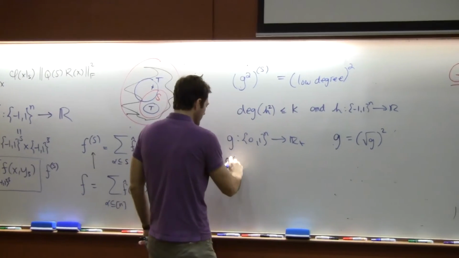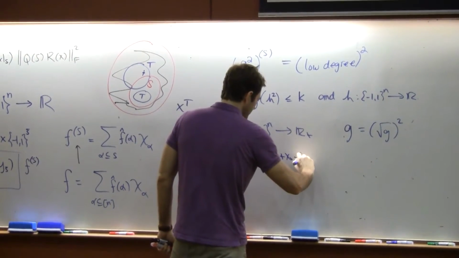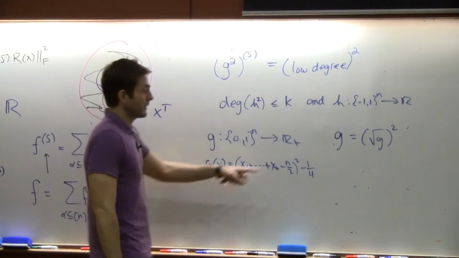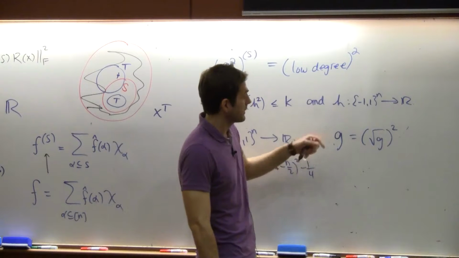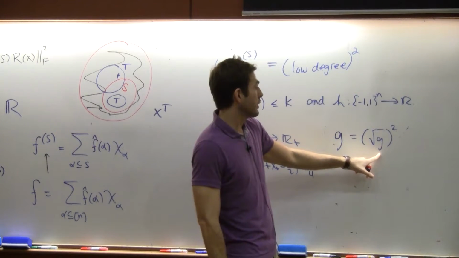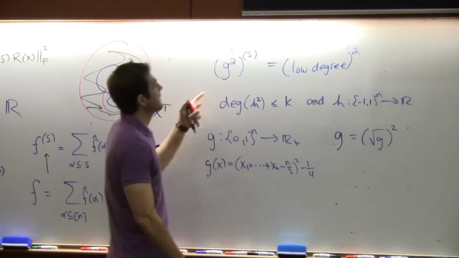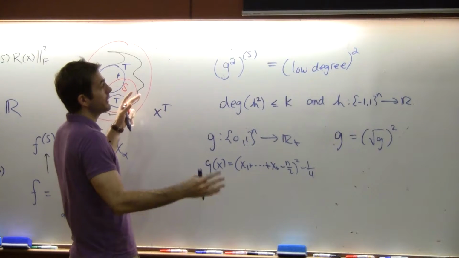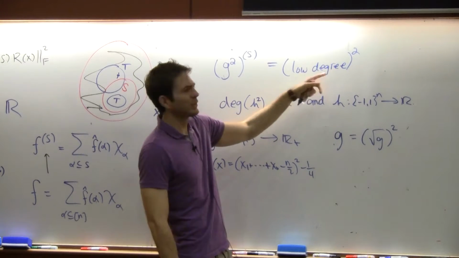Remember, our g was the knapsack polynomial, which is a quadratic function, so the degree of the square is low, it's 2. But of course, the degree of the square root of g, hopefully we know, is at least n over 2. So in general, the point is that averaging outside the square will give us something low degree because of this degree reduction, but it's tricky that it doesn't necessarily give us the square of something low degree.